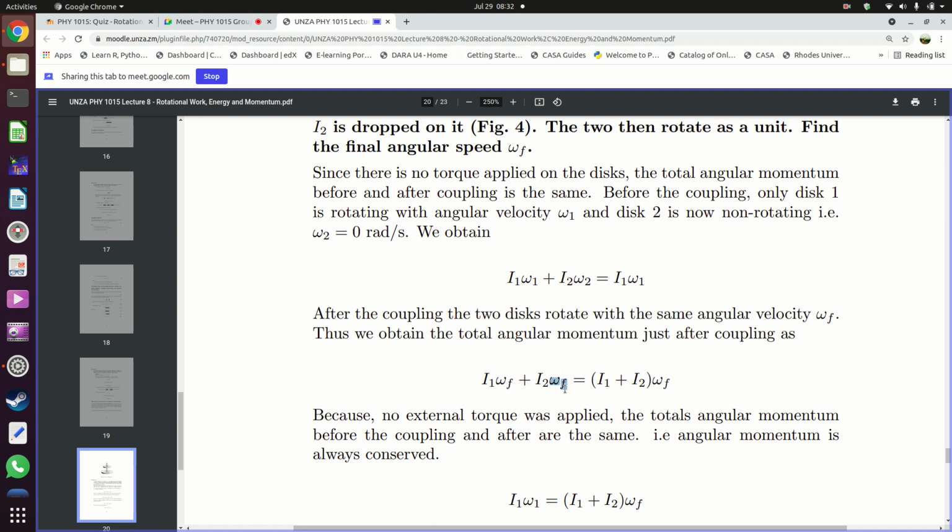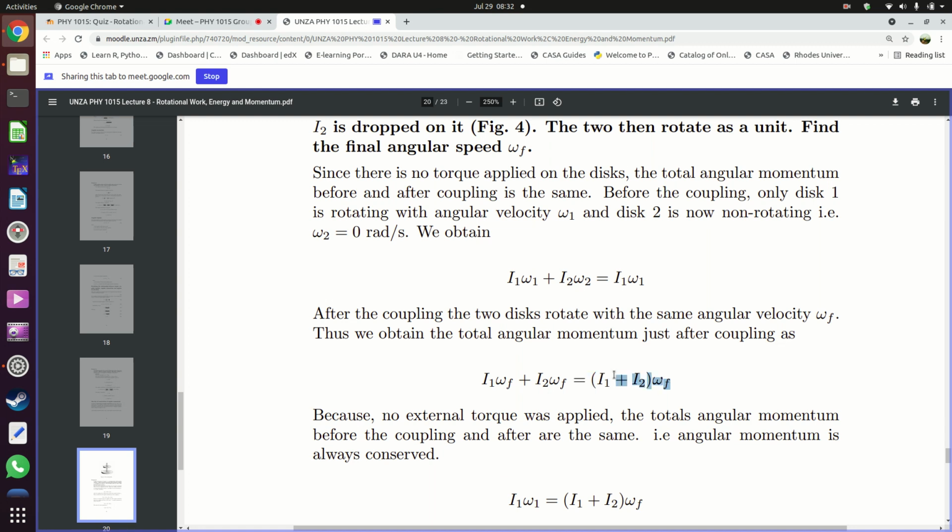Then you can factor out the omega f, since it is the same, and you end up with I1 plus I2 multiplied by omega f. So this is an expression for our total angular momentum after coupling.